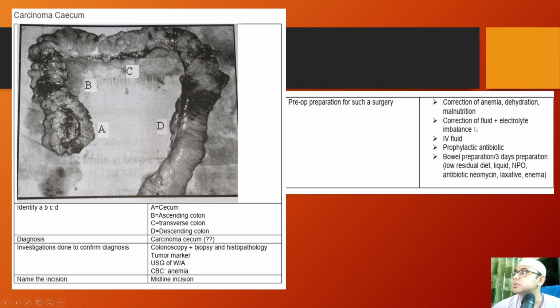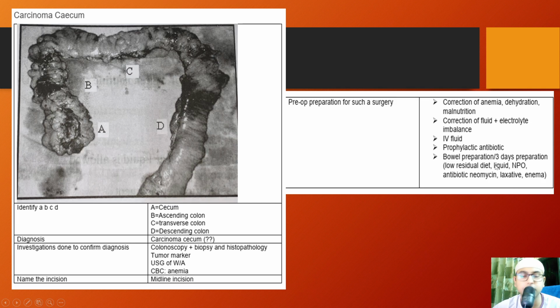Okay, so correction of anemia and dehydration, that is imminent. Then correction of fluid and electrolyte imbalance, IV fluid, prophylactic antibiotics, bowel preparation, 3 days preparation, low residual diet and liquid, then NPO, nothing per oral, antibiotic neomycin, laxative and enema.